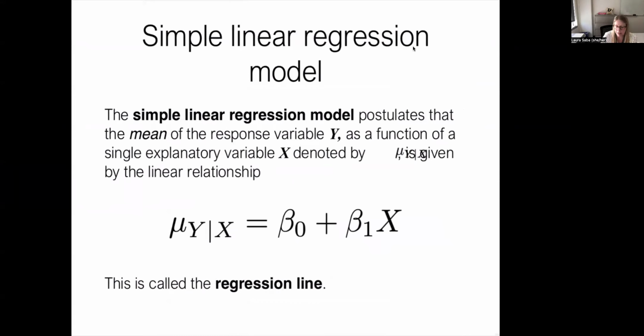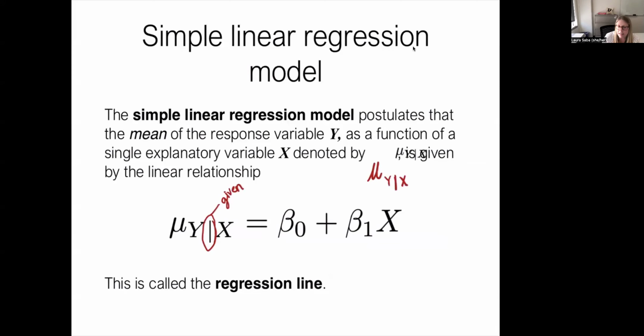Simple linear regression postulates that the mean of the response variable y is a function of the explanatory vector x. What you would see if this weren't overlapping is a mu, and the subscript this time is a y followed by a vertical bar and an x. In mathematical terms, whenever we see this vertical bar, we can use the word given to explain the relationship.